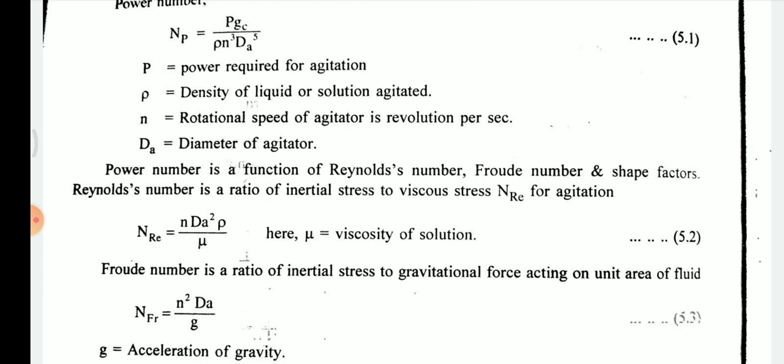The Reynolds number for agitation is given by NRe equals n dA squared rho by mu, where mu is the viscosity of the solution.